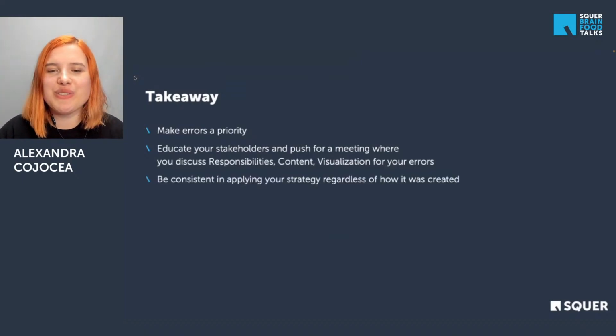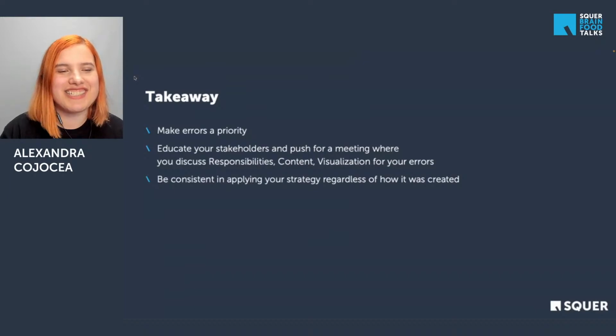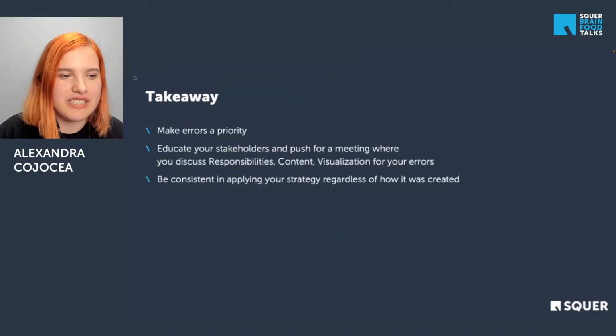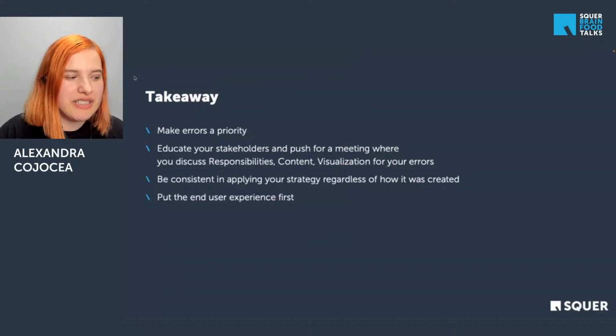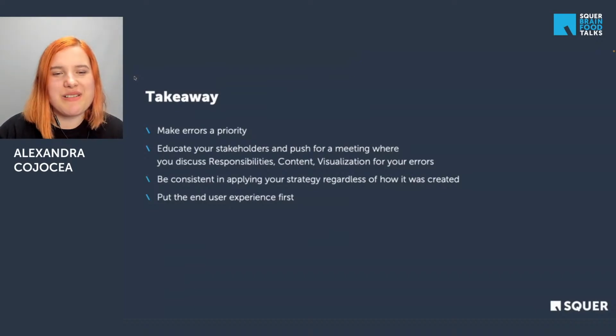And however you end up creating your error strategy, the other part of it after creating is being consistent in applying it. Because even if you have it, if it's not applied according to it, then again, you're going to run into issues. But as long as you put the end user experience first, you should definitely be on the good side.